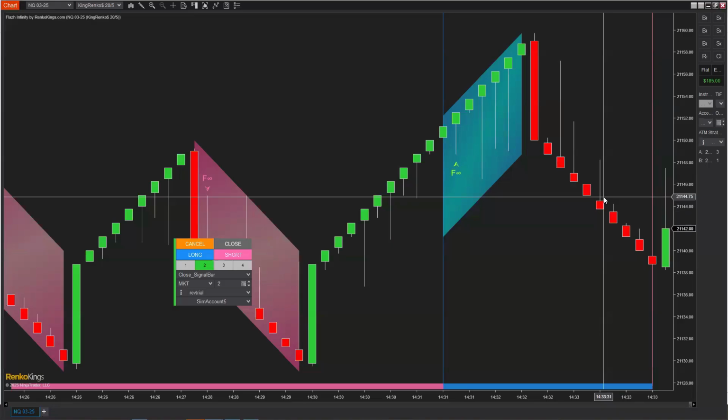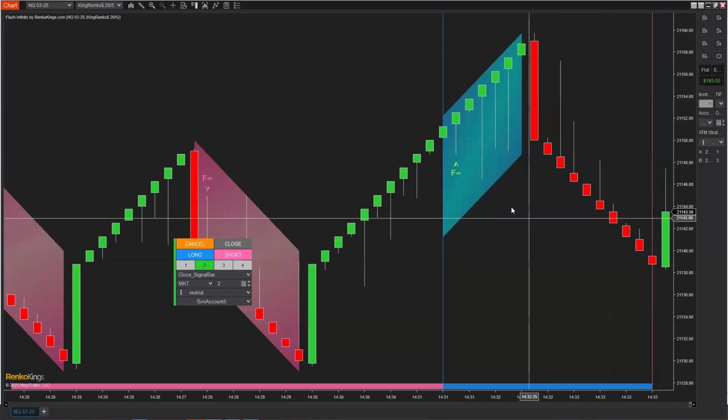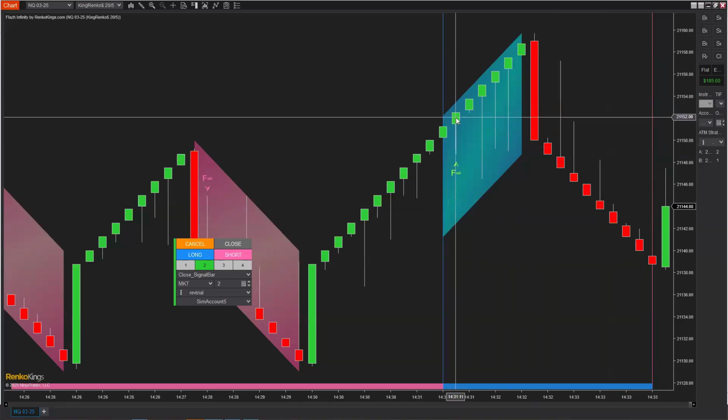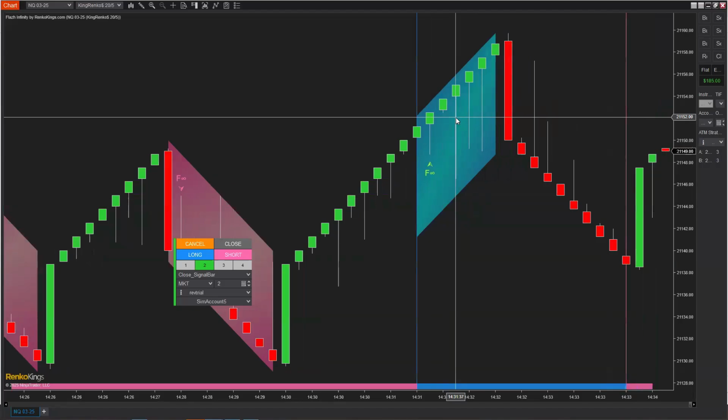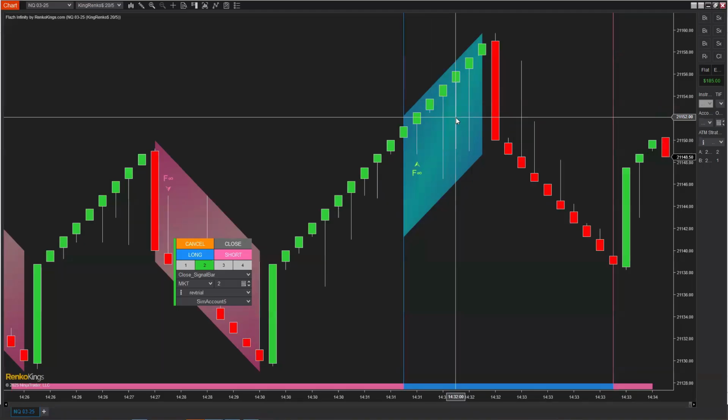Again, don't make any commentary about the ATM. The ATM is just for demonstration. I am not saying that's how you should be trading. I'm just trying to catch a few trades before things really slow down. This is getting toward the end of the session, so I'm not necessarily saying that this is an ideal ATM for this strategy.